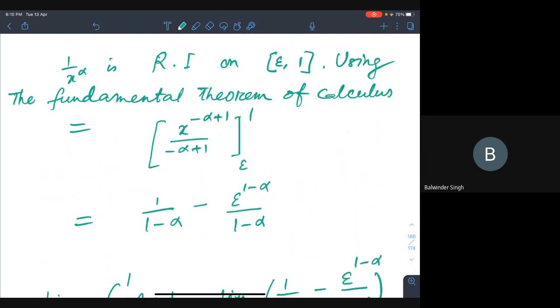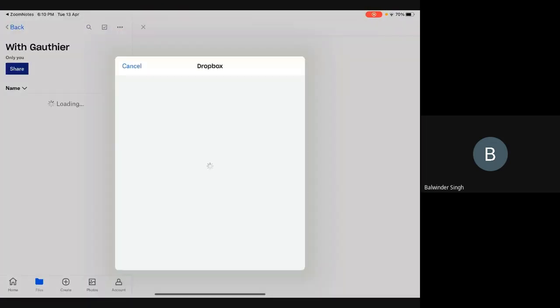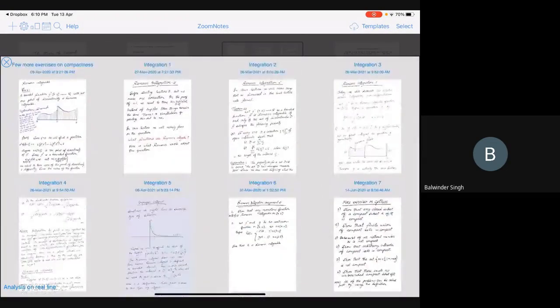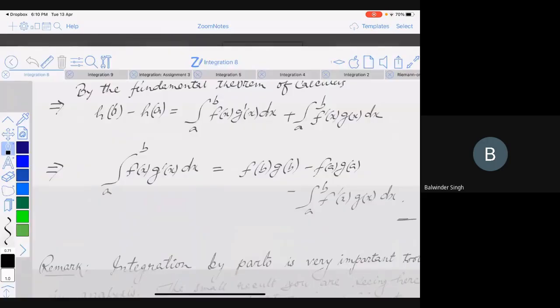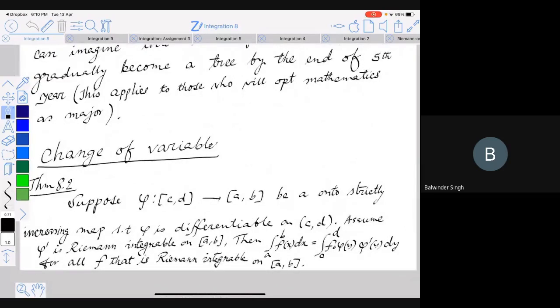So let me see the notes first. Integration 8 you made, right? Yes, sir. Page number 2. Yes, here. This one, right? Okay, so what was the problem? I first suppose I took some partition of [a,b], x0 to xn.